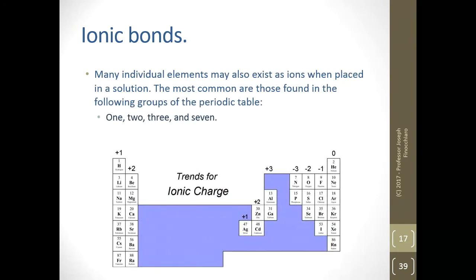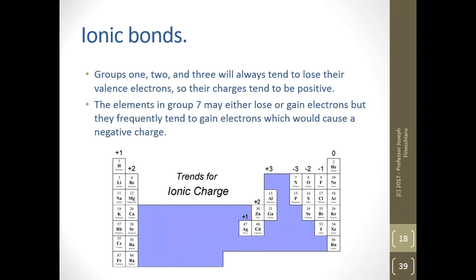Many individual elements may also exist as ions when placed in a solution. The most common are those found in the following groups of the periodic table: 1, 2, 3, and 7. Okay, 1, 2, 3, and 7. Groups 1, 2, and 3 will always tend to lose their valence electrons. So you can see that they generally have positives.